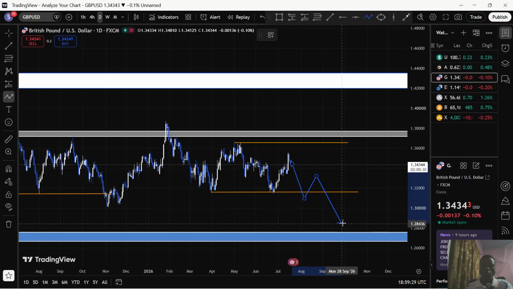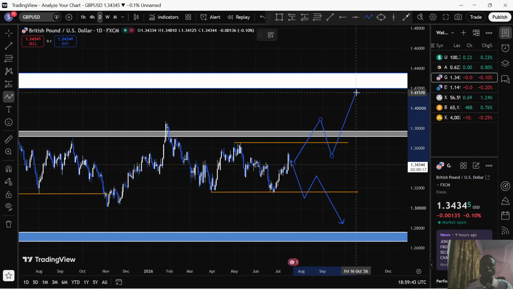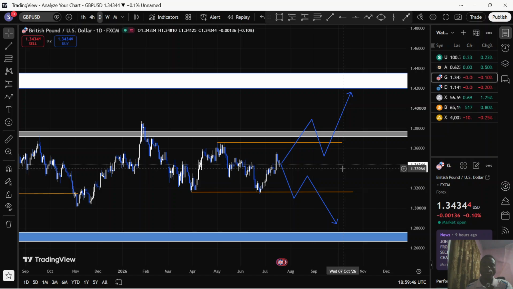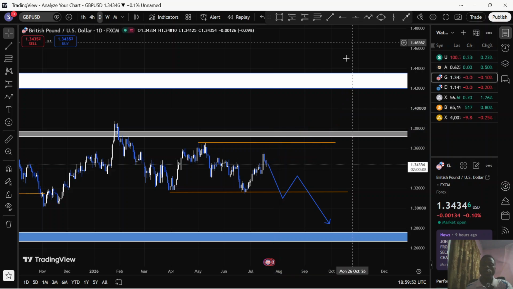So that's what I'll be expecting for GBP USD at the moment. So something like this line, take it out, pull back, and either of these should happen to GBP USD. So for the moment, I'm going to be patient with GBP USD.